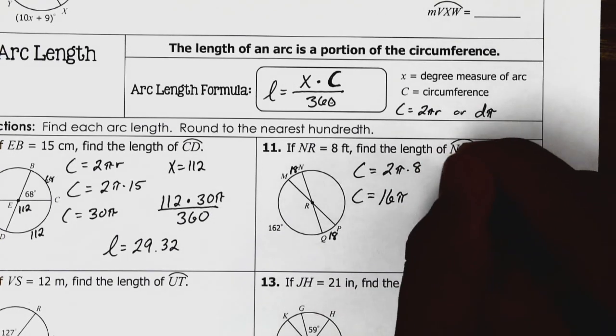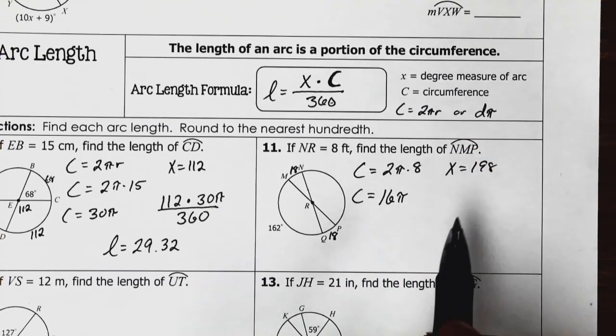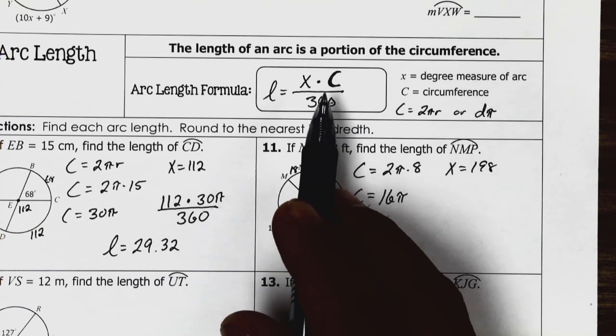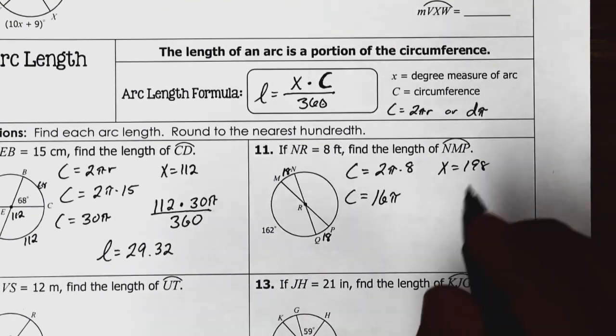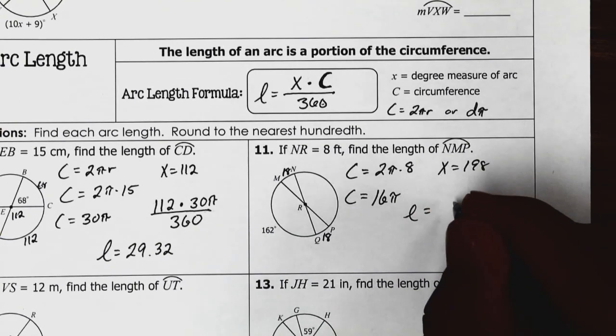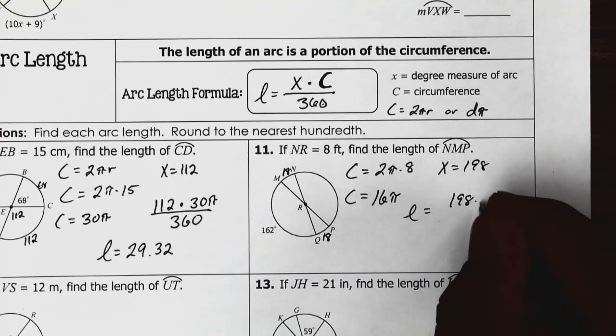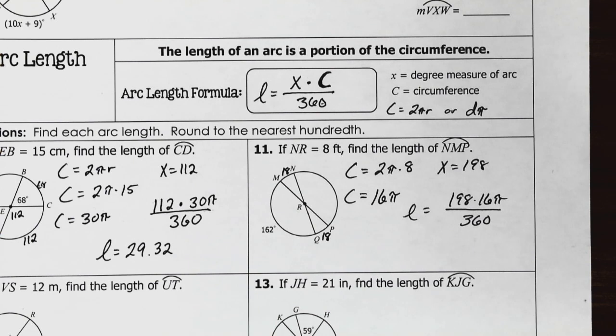So x is 198. So now I have my x and I have my C, so now I can use my formula. L equals 198 times 16 pi divided by 360.